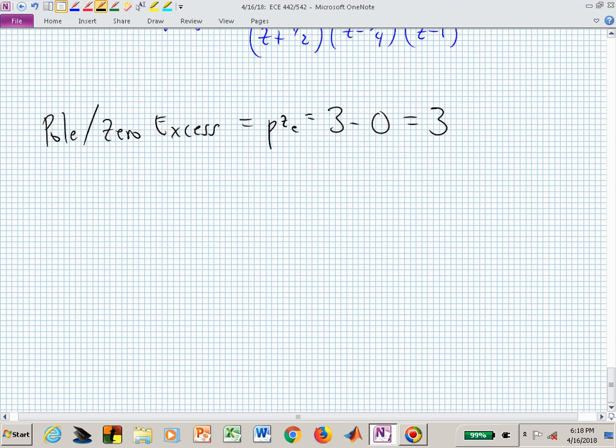Now we can talk about our asymptotes and we can calculate the centroid. But the asymptote angles, what's the formula?